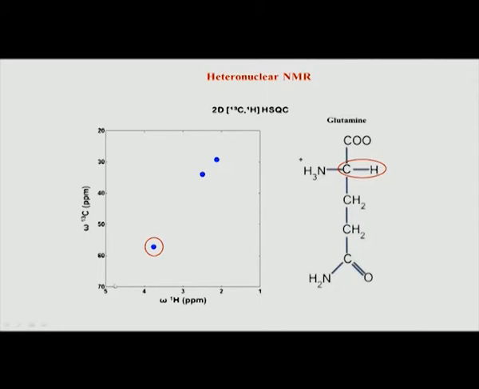If you recollect our 1D proton and carbon NMR part in this course, we saw that if there is a carbon attached to an electronegative group, or a hydrogen attached to a carbon which is attached to an electronegative group, they come downfield shifted because of the shielding de-shielding effect.